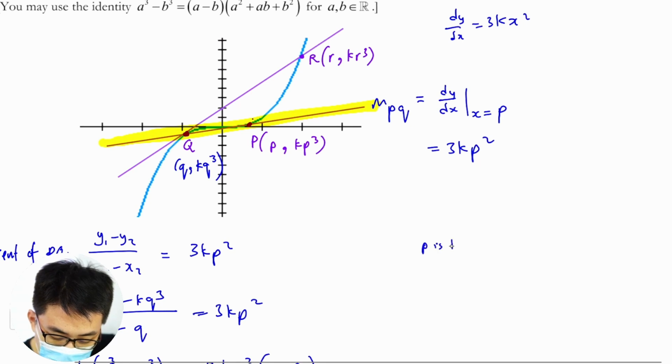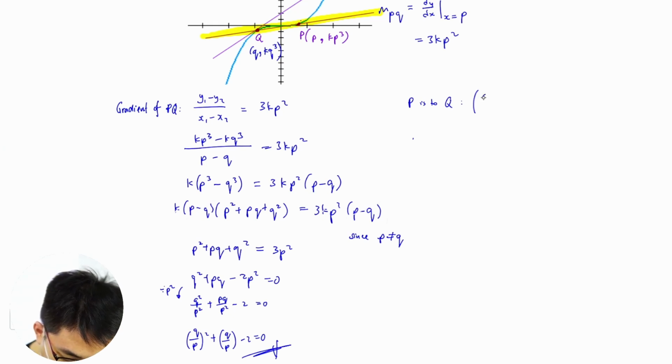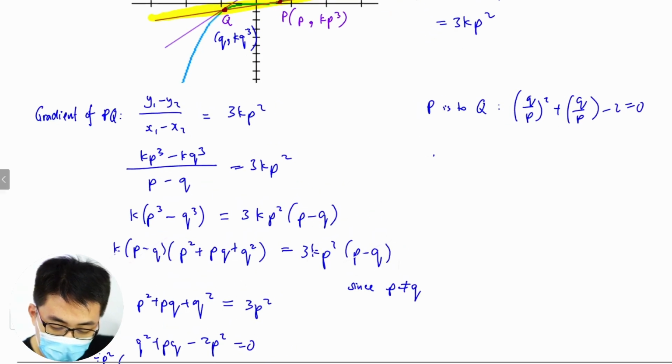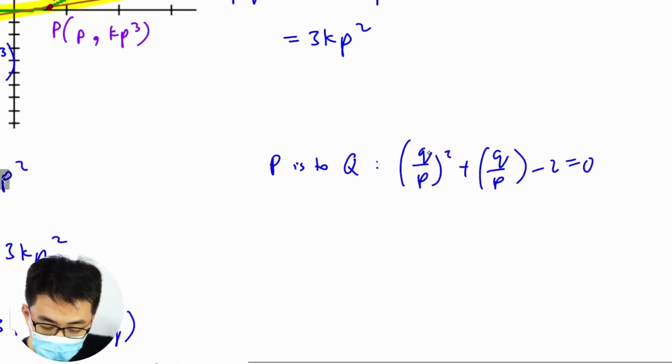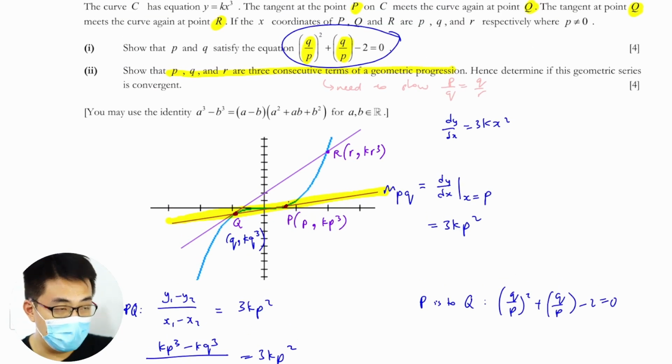P is to Q. Can you see that P to point Q would yield, from the first part, Q over P square plus Q over P minus 2 equals 0? So when P is a tangent cut at Q, you get this equation here.